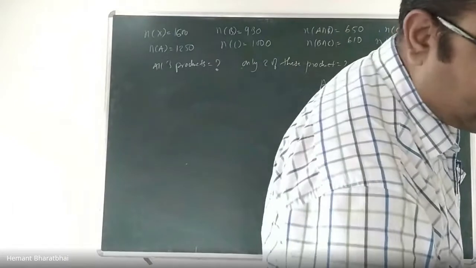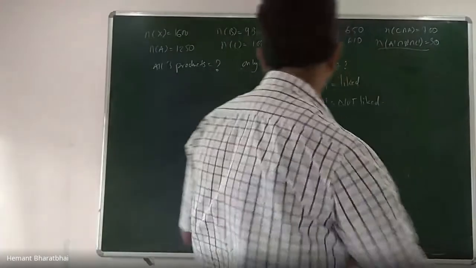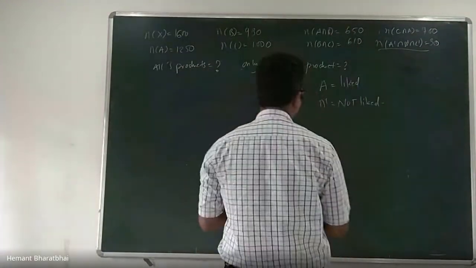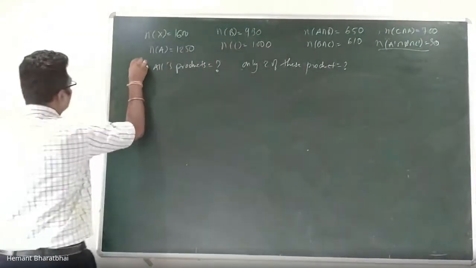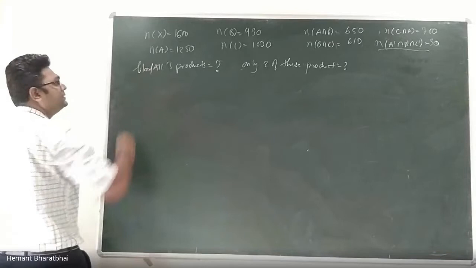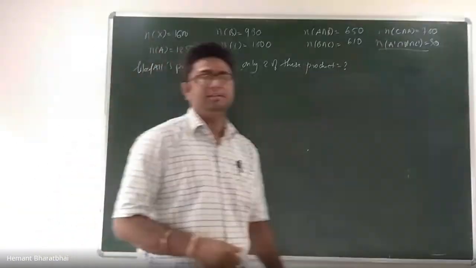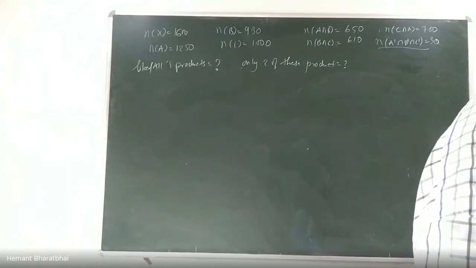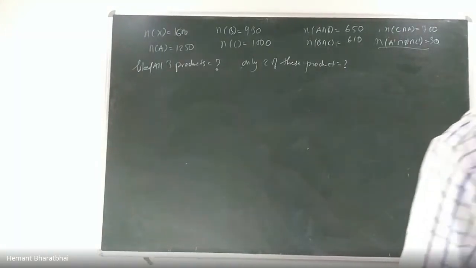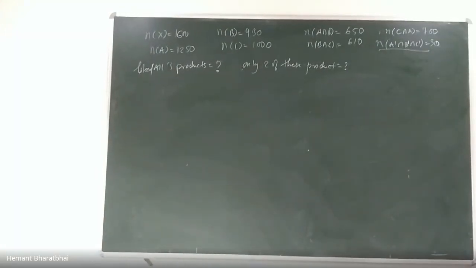I am giving you 1 minute. In that 1 minute, let me know what we have to find out. Like all the three products means what? What should I find out? This understanding is very important. I'm giving you 1 minute, think and let me know.